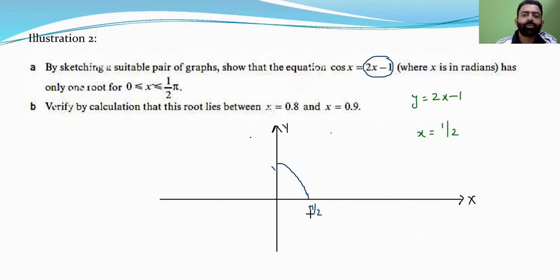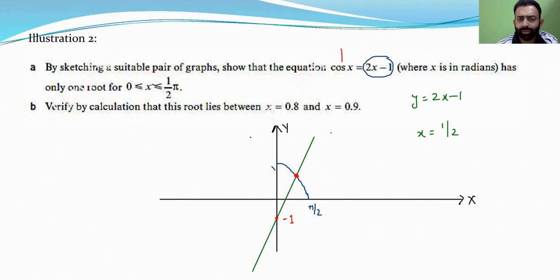Since the value of pi is 3.14, 3.14 divided by 2 is of course greater than 1, and x equal to half is less than 1, so definitely my straight line will be like this, right? This point is minus 1, right?